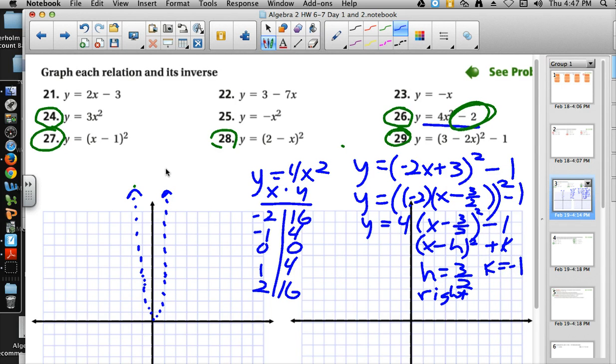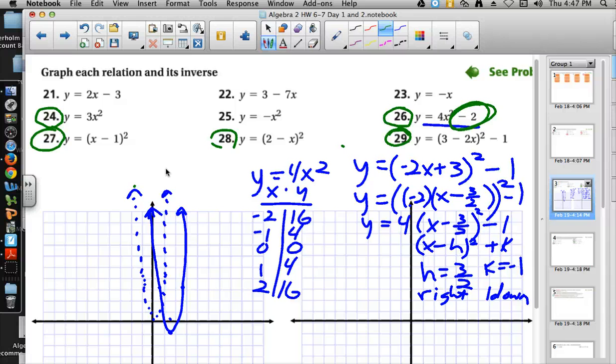So right 1 1/2, 1 down. So there's my tall and skinny function.